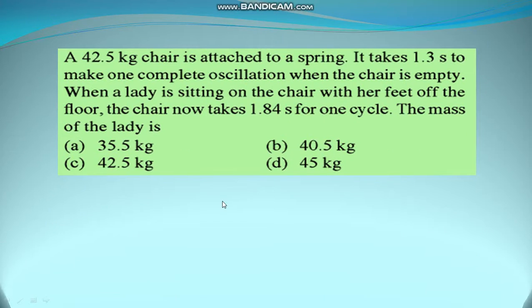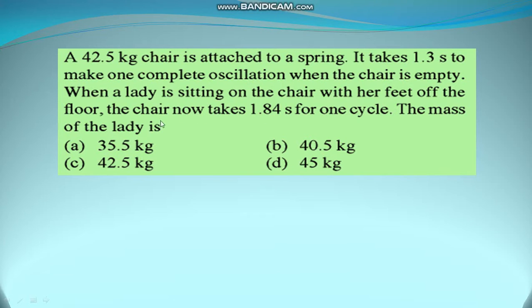Next, a 42.5 kg chair is attached to a spring. It takes 1.3 seconds to make one complete oscillation. When a lady is sitting on the chair with her feet off the floor, the chair now takes 1.84 seconds for one cycle.